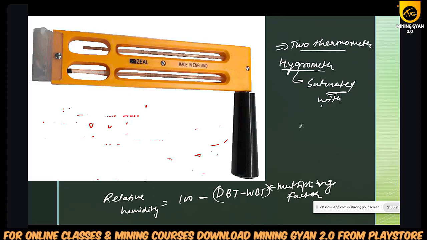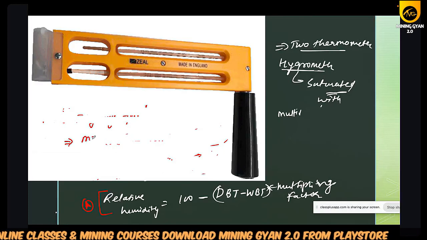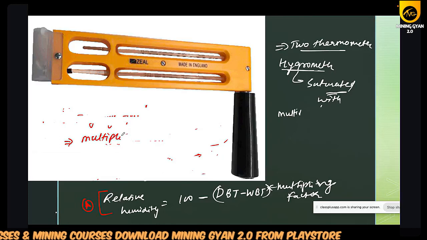You should remember this formula because I think it may not be given in the AK Gorai. If they give it, we will discuss AK Gorai separately in our next class or whenever. So, the multiplying factor.